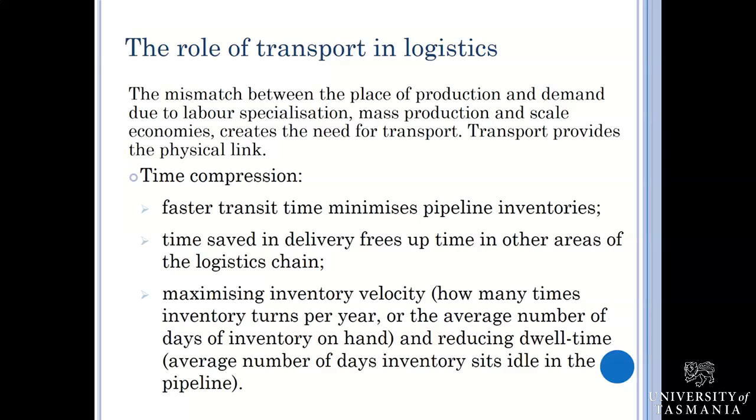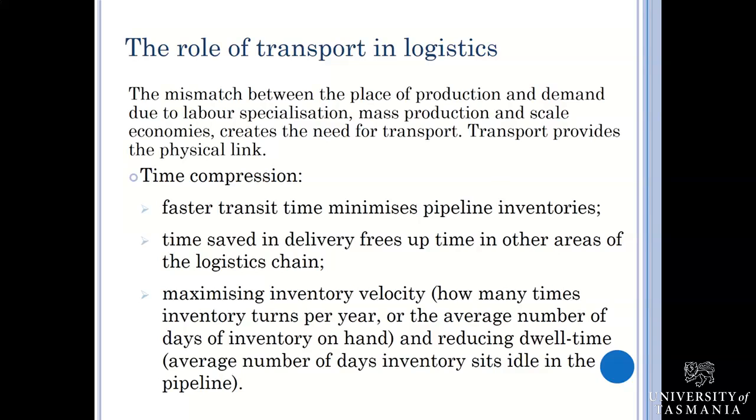But inventories could also be in the pipeline. So that's between the production, after the products actually go out of the production site, before they reach a distribution center or retail stores. So in between, we call pipeline. Now, the longer the pipeline, possibly the longer the time and therefore higher cost.